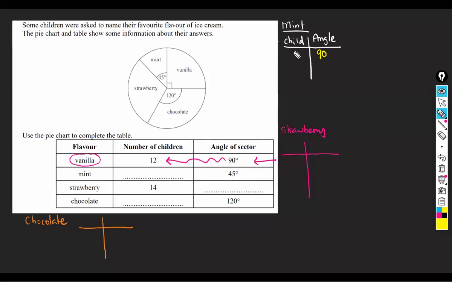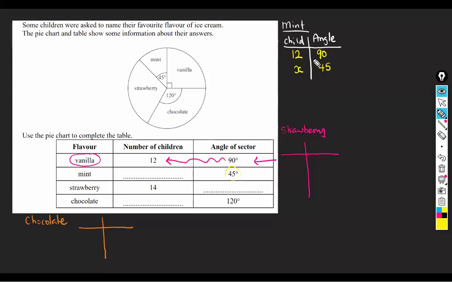90 degrees represents 12 children. So you could use that for all of them. So for the mint, they gave you the angle. The angle is 45, and they want to know how many children that represents.